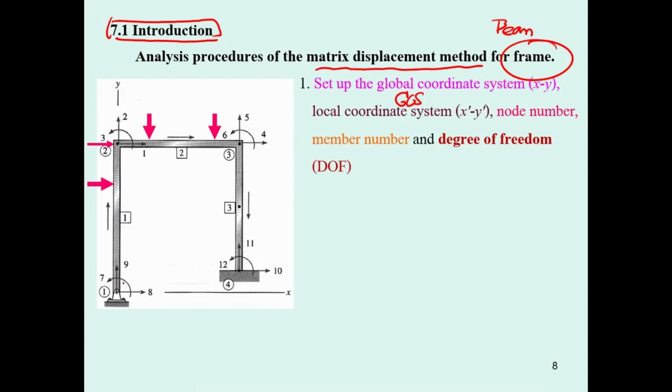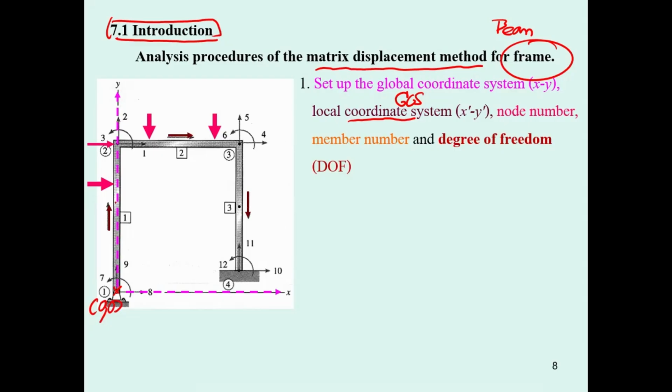Typically in our study, I will provide it to you. When you know the global coordinate system, you will know the coordinates of the nodes. And then you have the local coordinate system, which for the beam and the frame is going to be simple.